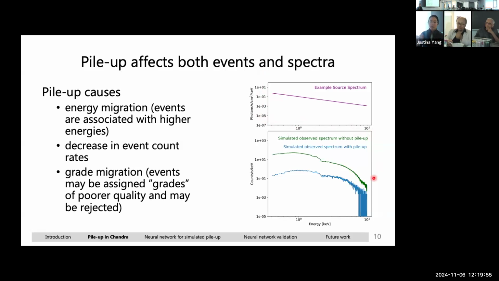But with pileup, you get a different spectrum from which you would infer a different slope. So really understanding pileup is important for taking measurements from the spectrum that relate to physical parameters.